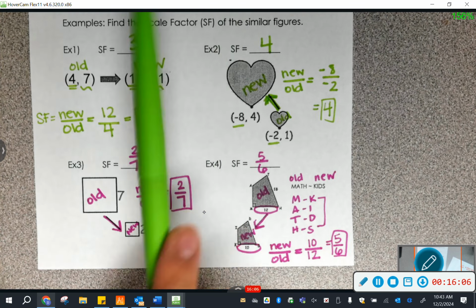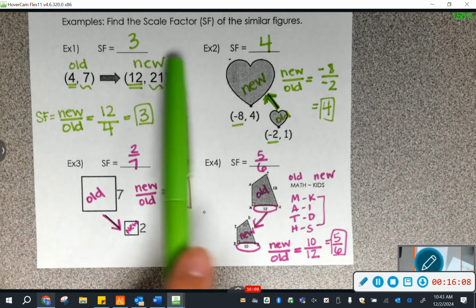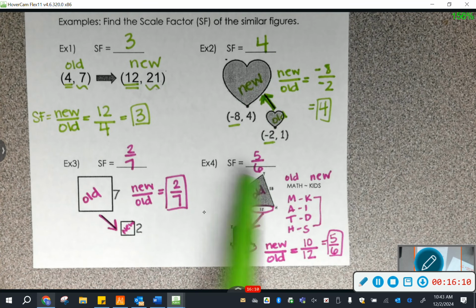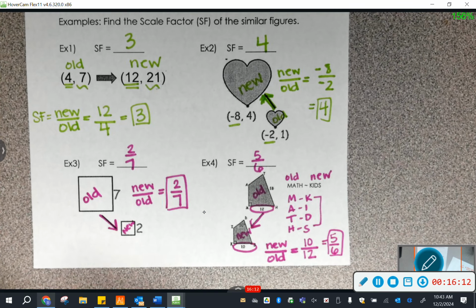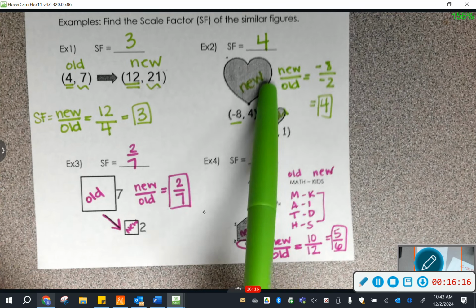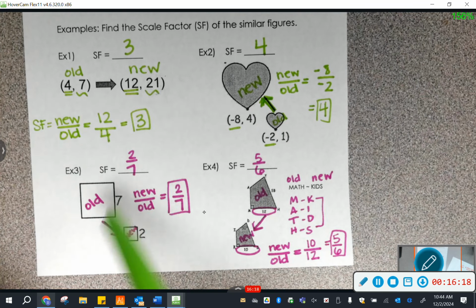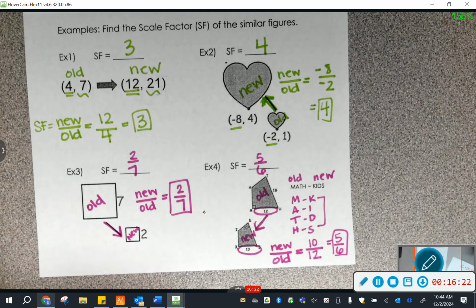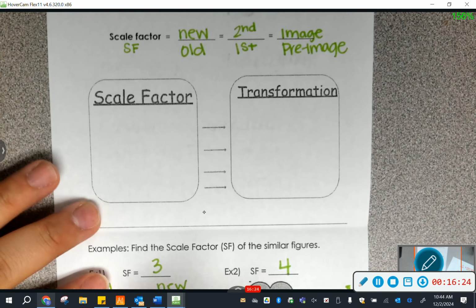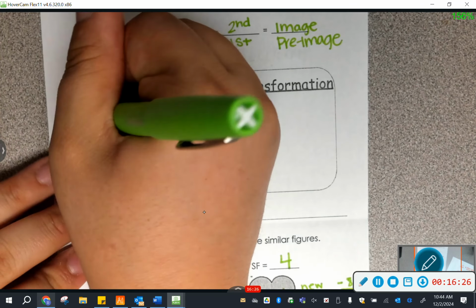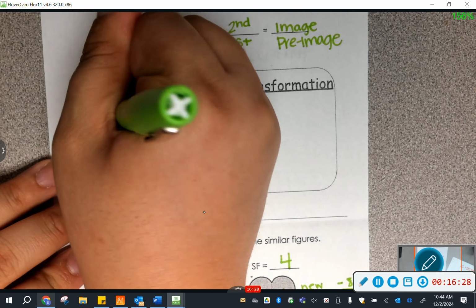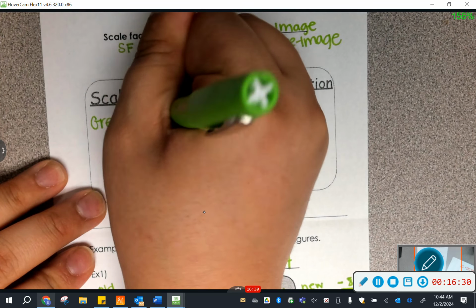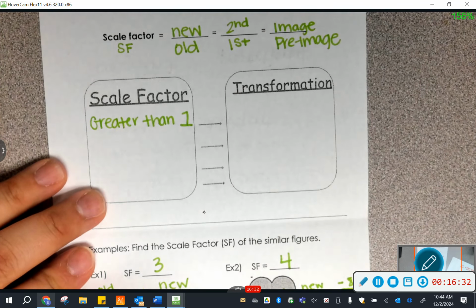Different numbers. What are the top ones? Whole numbers. What are the bottom ones? Fractions. And what do you notice about your pictures? If it's a whole number, what's happening? It's getting bigger. And if it's a fraction less than 1, it's getting smaller.